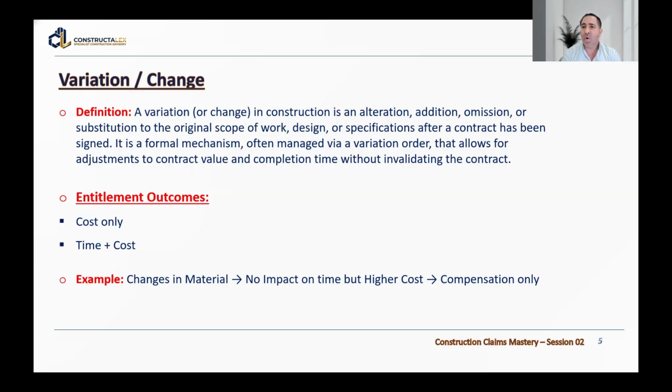So then we will have only a cost claim to cover the higher cost of the changes. So as an example, we have the change in materials, and after analyzing it, we don't have an impact on the time, but because of the higher cost, we have only compensation.